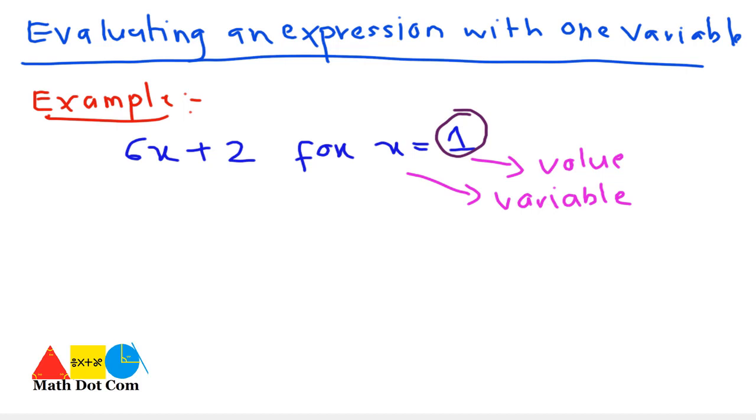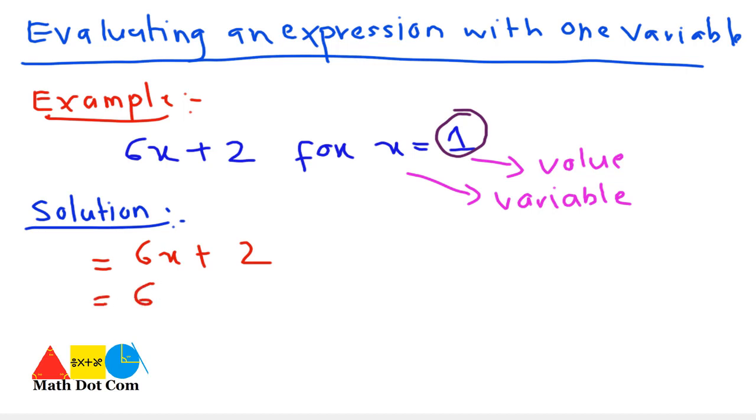in the expression. The solution: 6x plus 2. Then we write 6 times the value of x, which is 1, plus 2. What we have done is put in the value x equals 1.